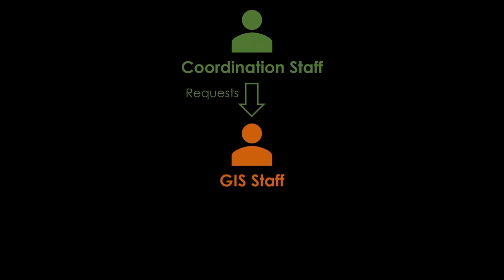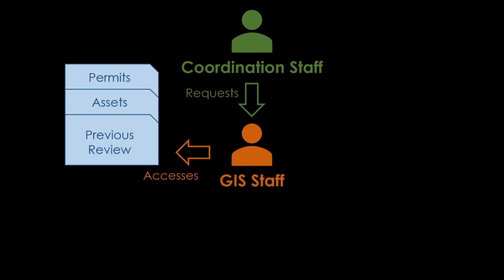Let's walk through a process diagram of sorts for this analysis task. Coordination staff request that GIS staff analyze one or a set of permits at a time. GIS staff then access spatial data representing permits, assets, and previous review performed by coordination staff.